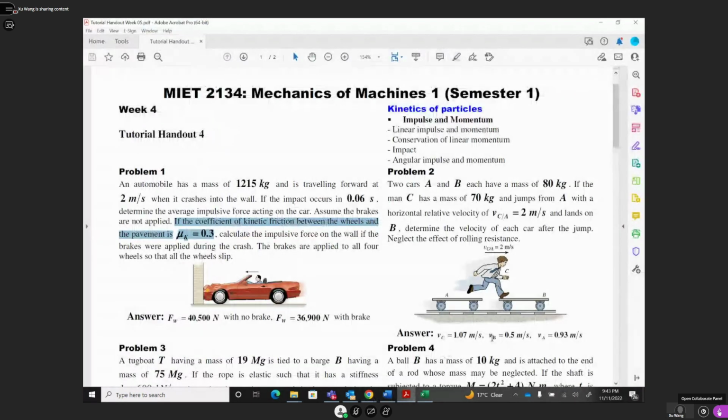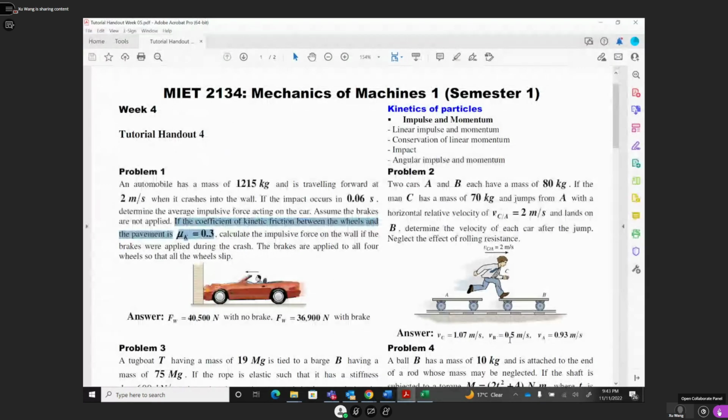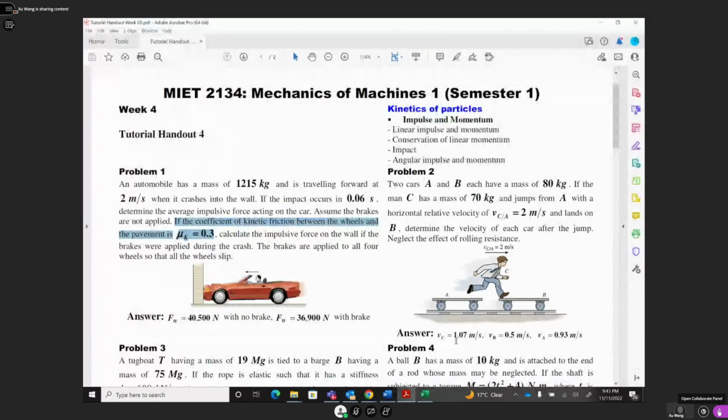V_A is 0.93, V_B is 0.49, about 0.5. And what is V_C? V_C we got earlier, 1.067, equal to about 1.07. Yeah, that's the result.